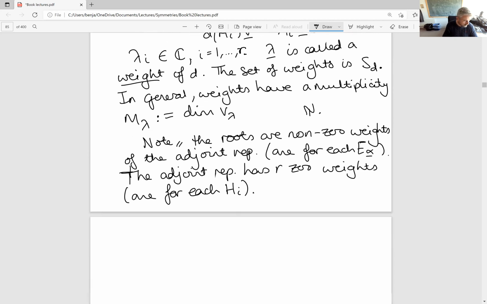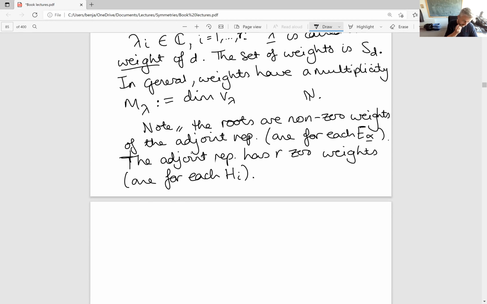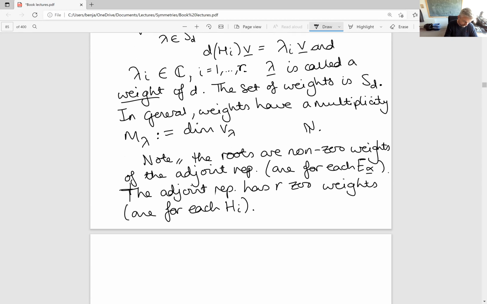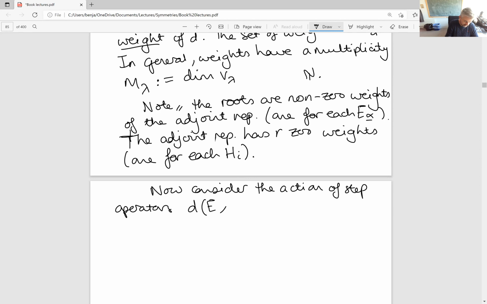Okay, so now let's consider the action of some step operators on our vectors V. D of E alpha on V, which is in this eigenspace.